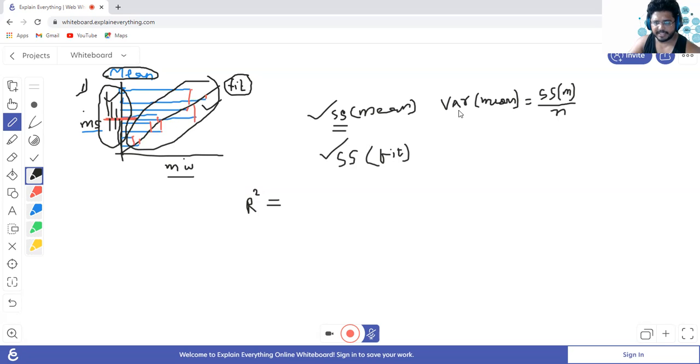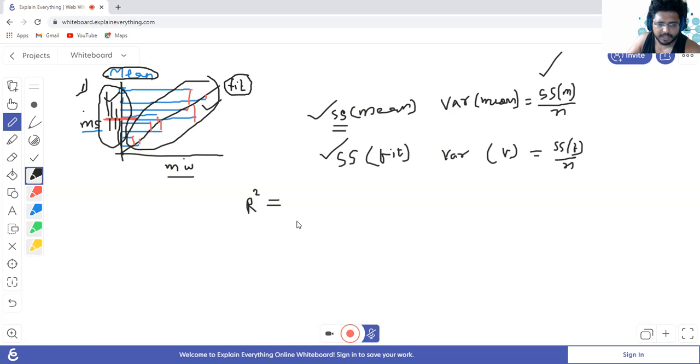This is the total variance, the total difference. If I divide it by the total count of measurements, then it is the variance, right? In the same way, the variance of fit is equal to SS fit divided by n.